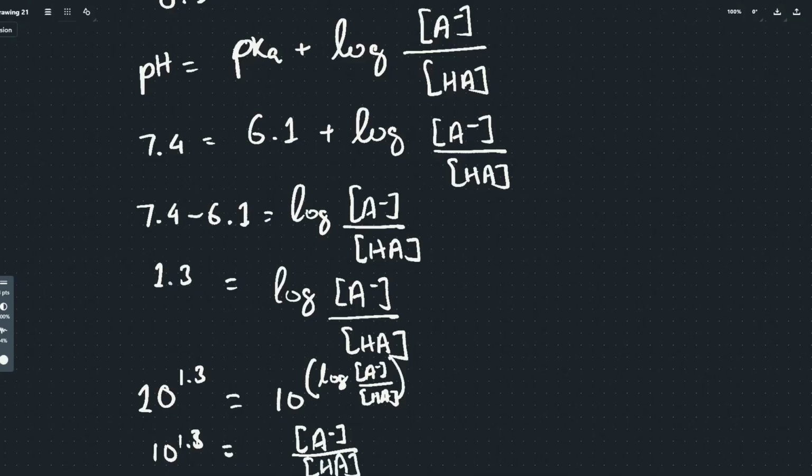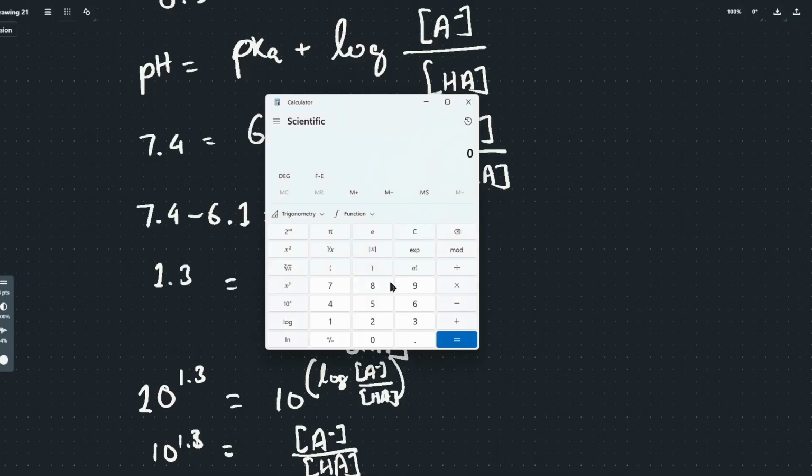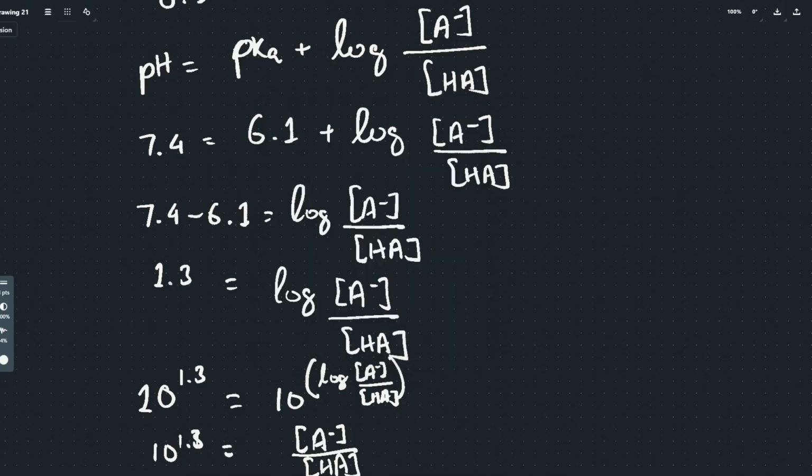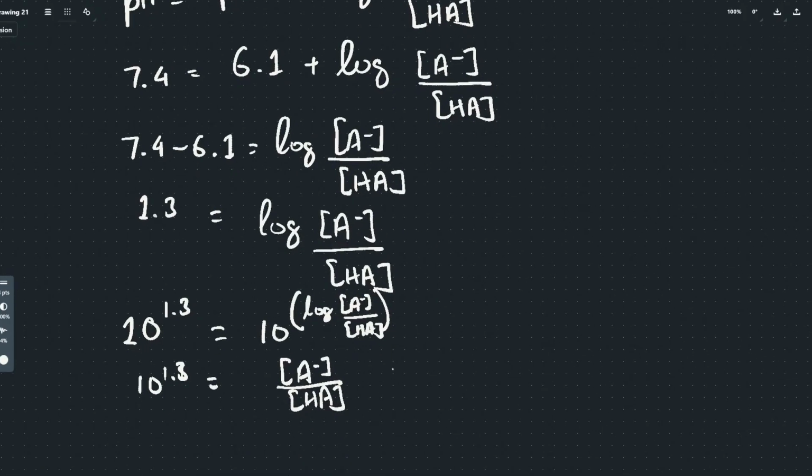Why is it so? For that you would need to go into logs again, and I do not want to do that again. I hope you understand by now. So 10 raised to power 1.3 is 19.95, almost 20. So actually this ratio is 20:1.